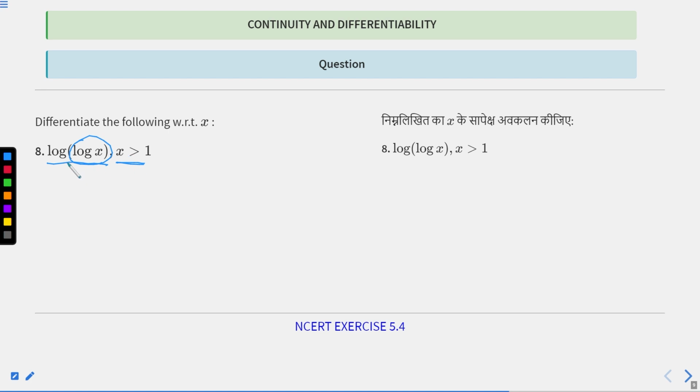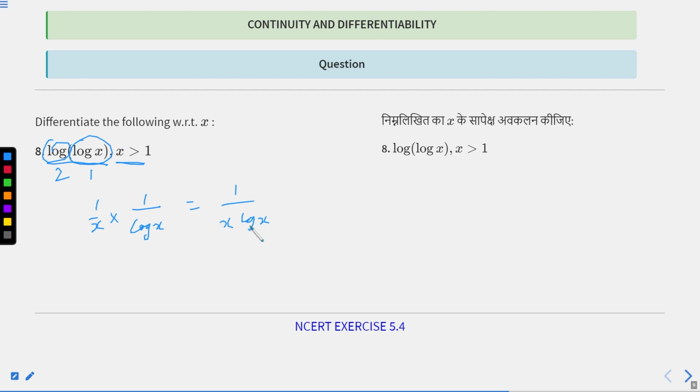Now here you will see why we didn't take x greater than 0. First of all, give numbers: this will be 1, this will be 2. For 1 we know 1 by x, multiplied with, for log, 1 by whatever the inside thing is, which is log x. Now this will be 1 by x log x, and if x is 0 this will be undefined, so x cannot be 0.